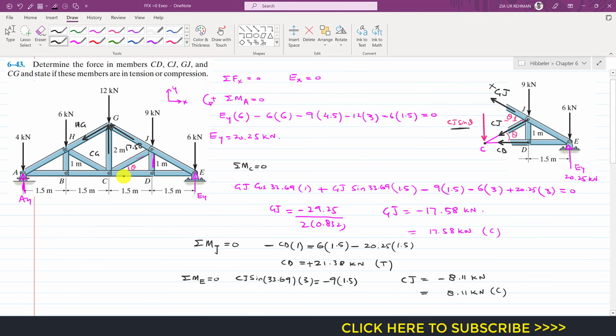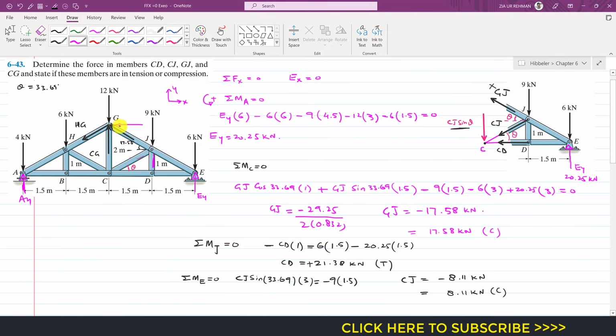So now this angle is 33.69. Let me write it here, that theta, which is 33.69 degrees. So this is 17.58, and this is that same angle theta. So this Gj member force is making that same angle theta here with the horizontal.